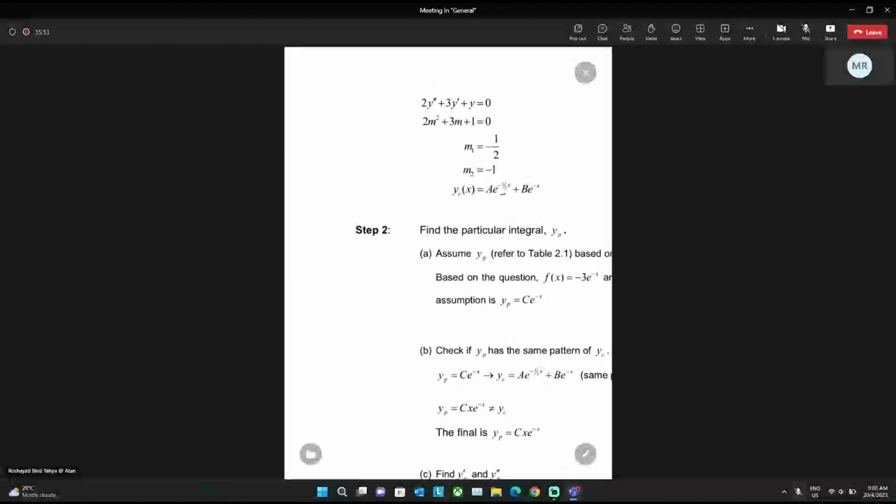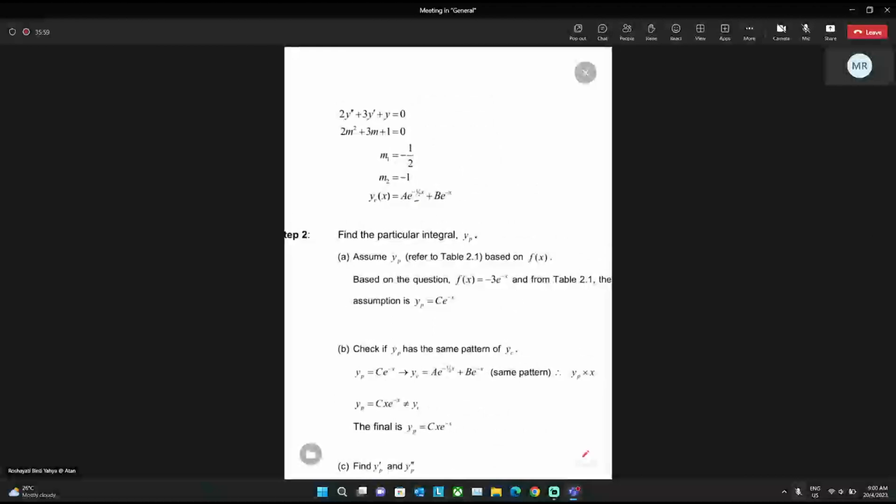Once you change it to 0, you can find the roots. So for 2y double prime plus 3y prime plus y equal to 0, you use your calculator and you will get m equal to negative half and negative 1.